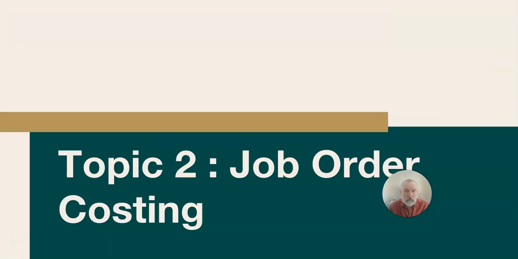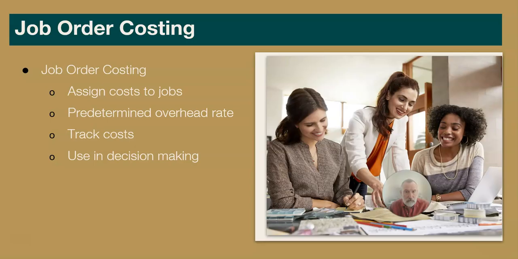The second pillar of our foundation module is job order costing. Once the foundation is established with cost concepts, we're ready to apply those ideas on one of the most widely used costing systems, job order costing. This system is especially important for companies that produce unique products or provide customized services.